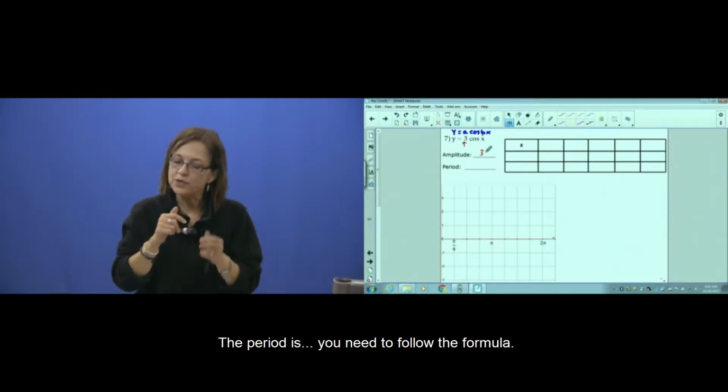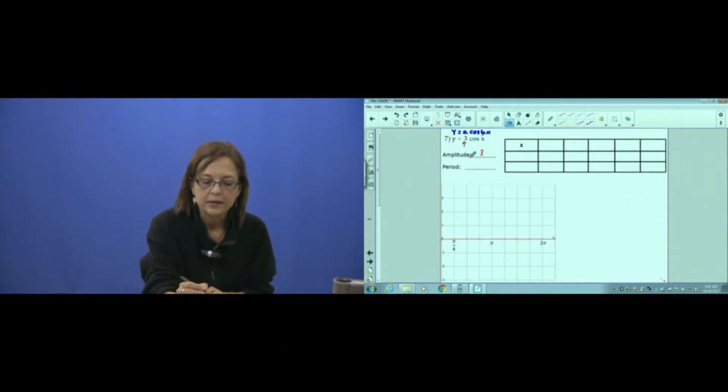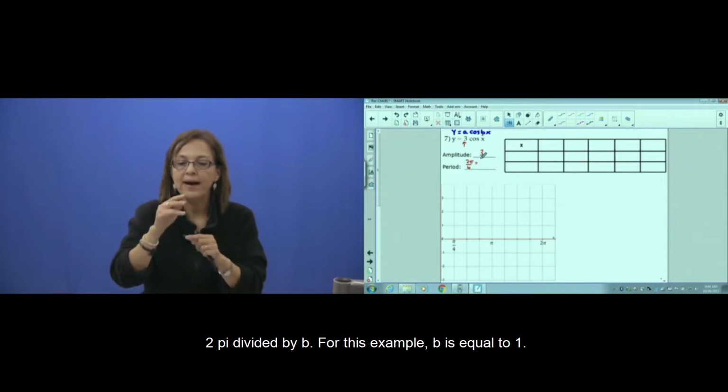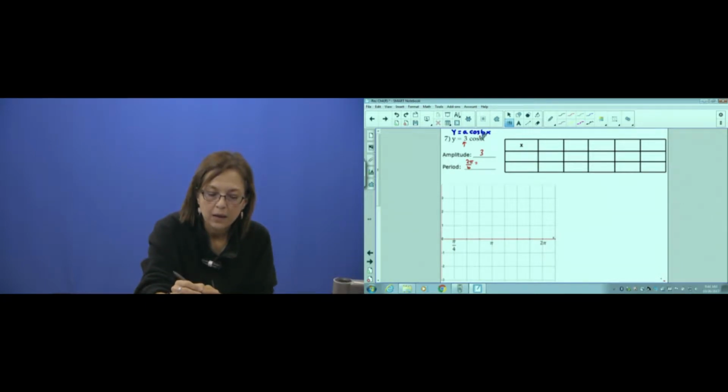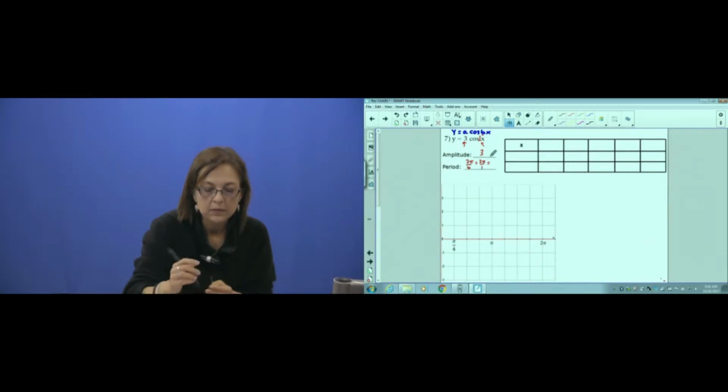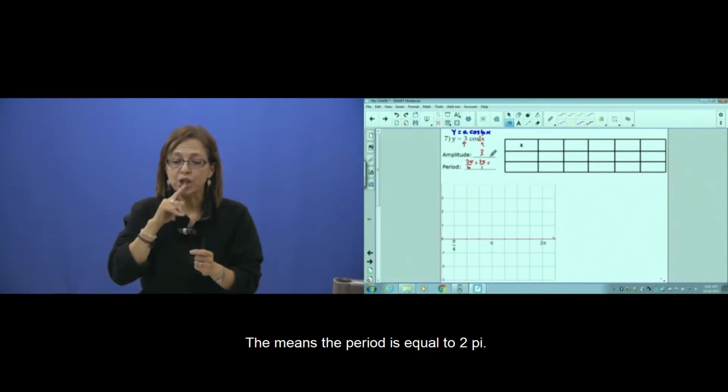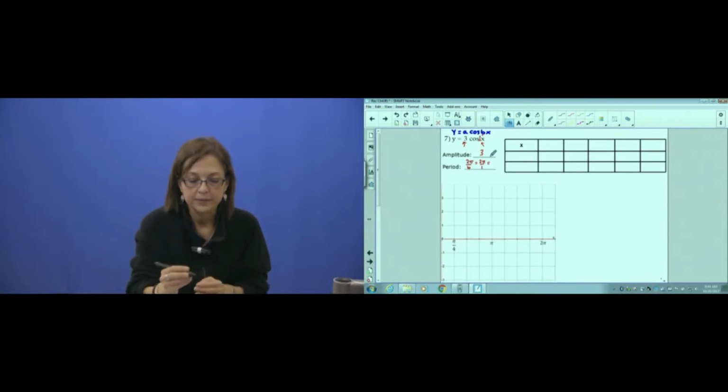And the period, just follow the formula, 2 pi divided by b. So for this example, b equals 1, which means the period is 2 pi.